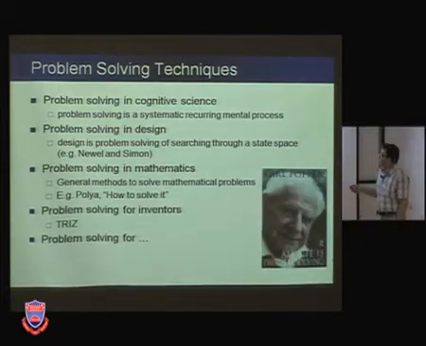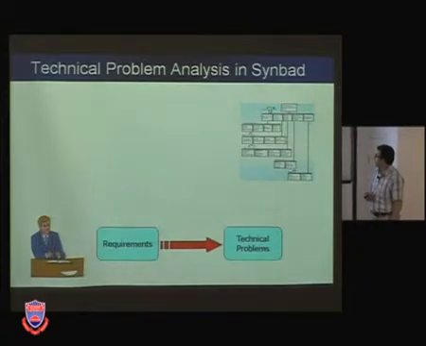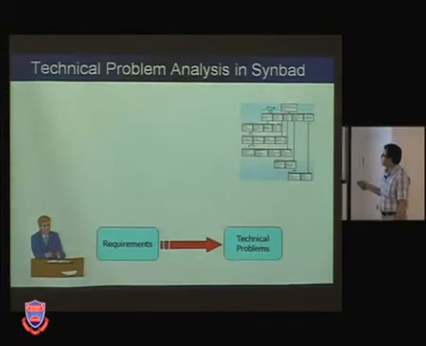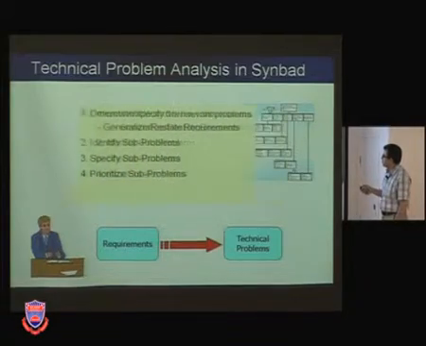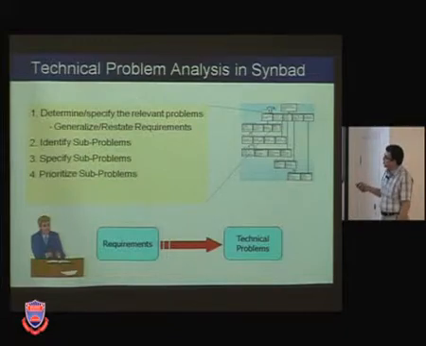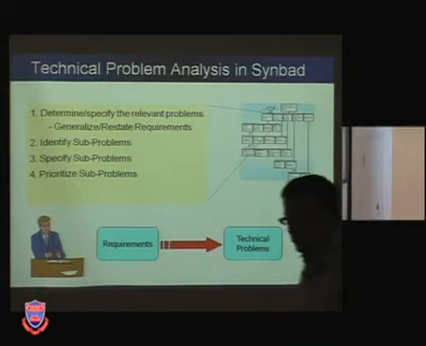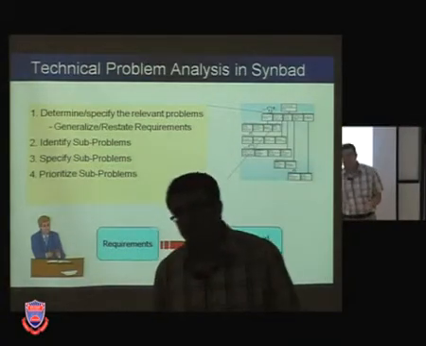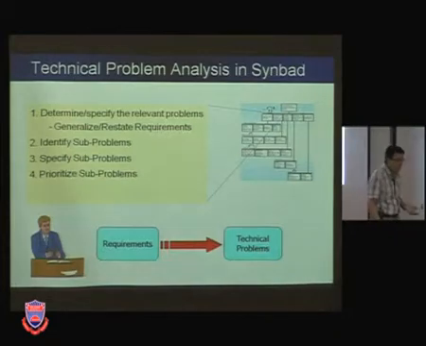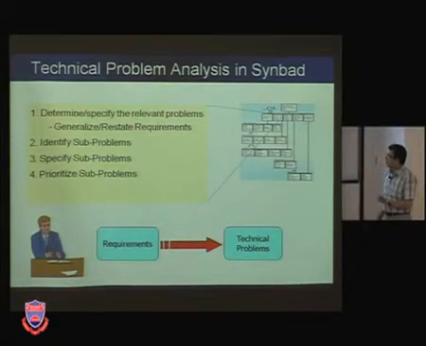So we have also problem solving in engineering. That's actually in the software architecture design process, it's the second process. It's a very general process, but what we actually do is, once we have the requirements, we try to generalize and abstract from these requirements to define the essence of the problem.